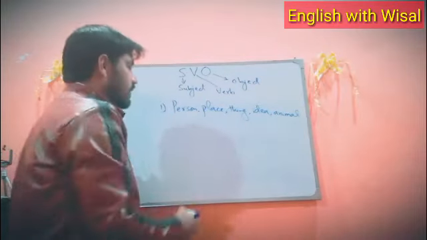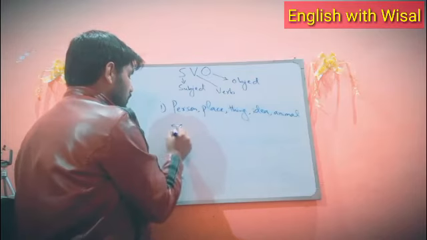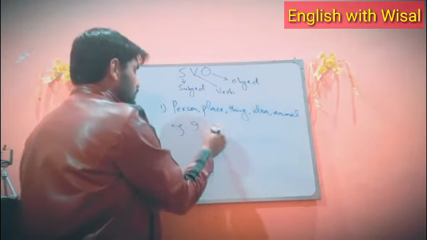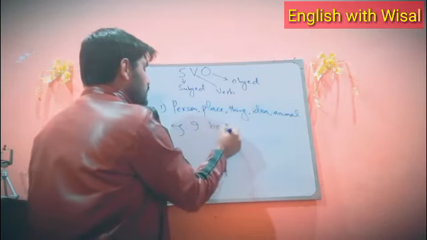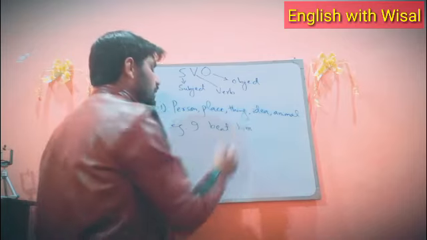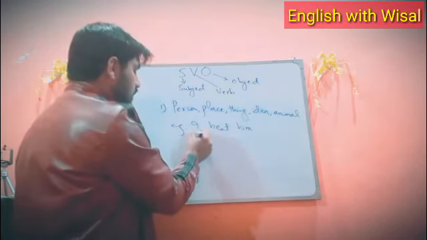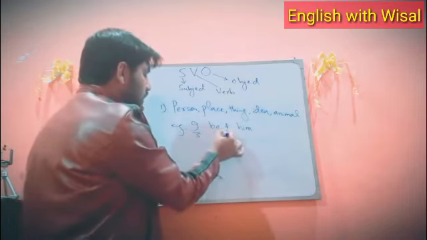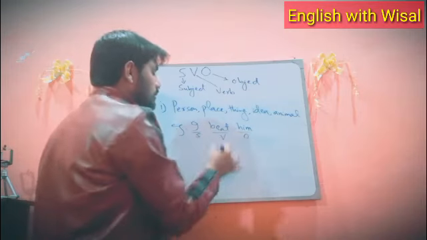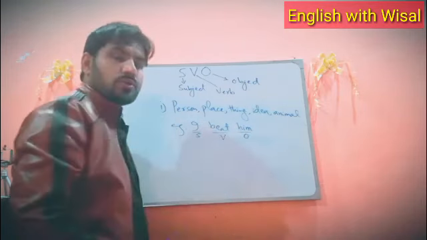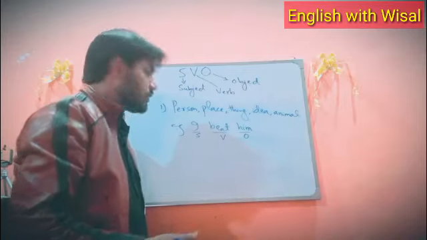For example, I beat him. So in this sentence, I is the subject, beat is the verb, and him is the object. And him is used for masculine gender. So it is a person.